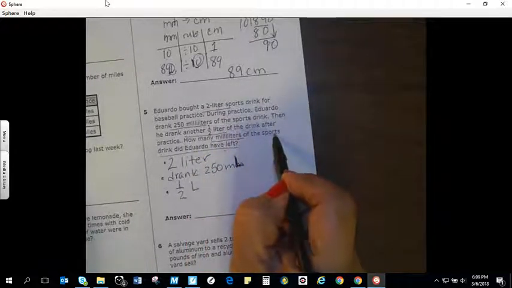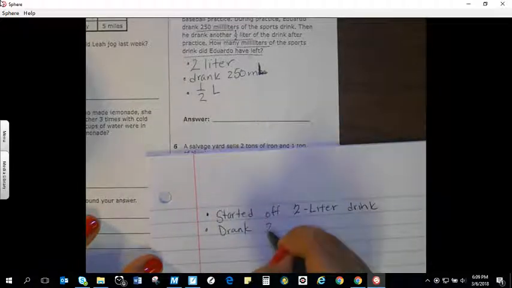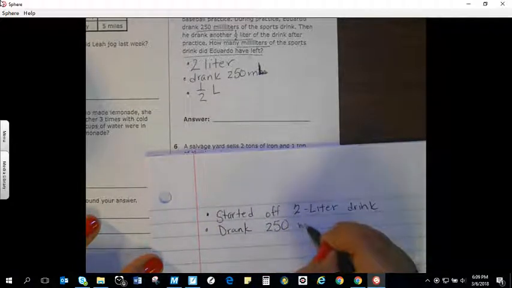All right, so I'm going to do this on paper here so that we can see it. Now, some of you are like, oh my gosh, I can't believe it. But again, if you take it step by step, you can get this. All right, again, he started off with a 2-liter drink. He drank during the practice 250 milliliters.